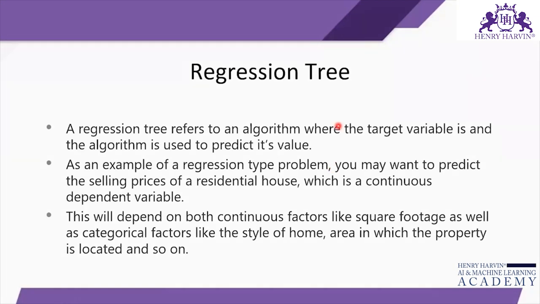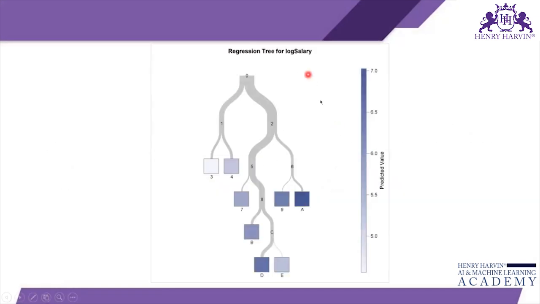So this is how a regression tree looks like. If the condition is false, then it goes here, again if the condition is false, then it goes here, and there is a range of values, and according to that range of values it will predict or tell us a value.